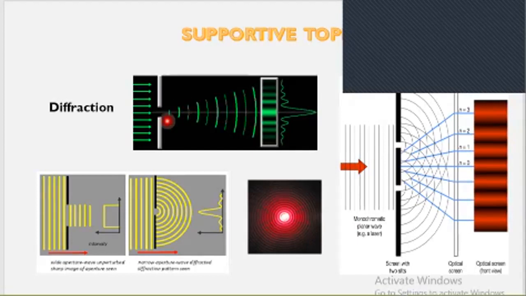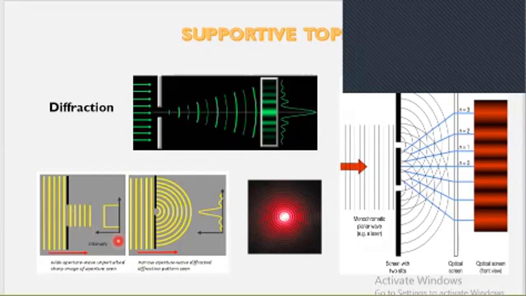Just like we can see here, when the size of the slit is relatively larger than the order of the wavelength passing through it, no diffraction is observed here.